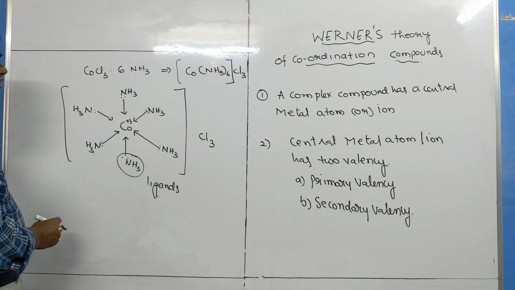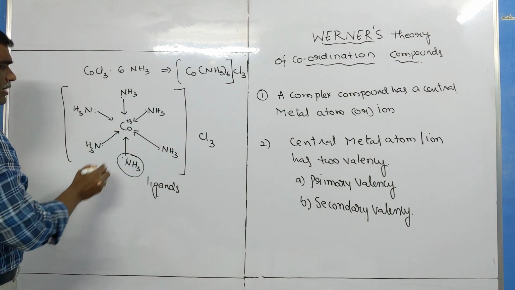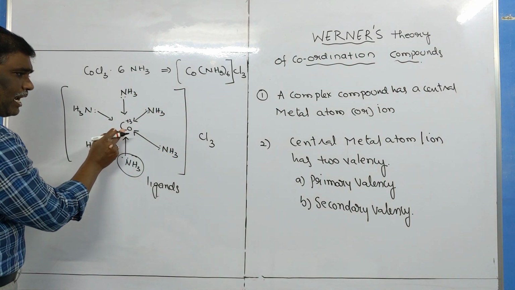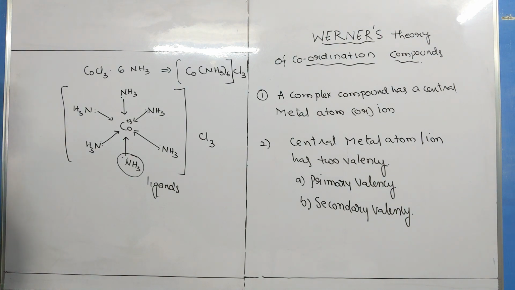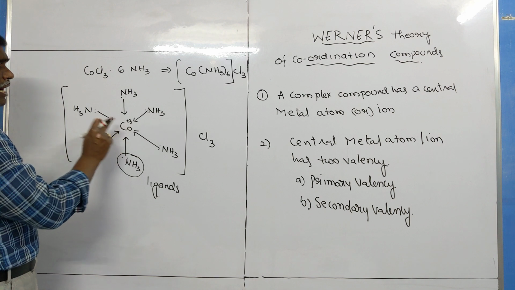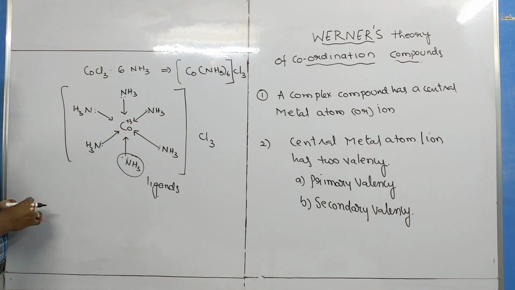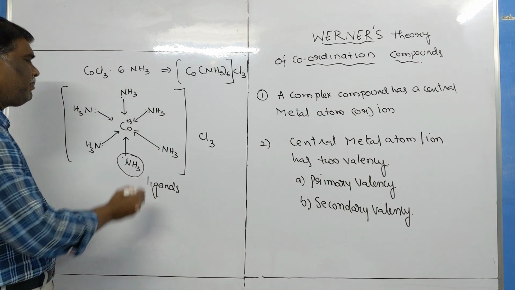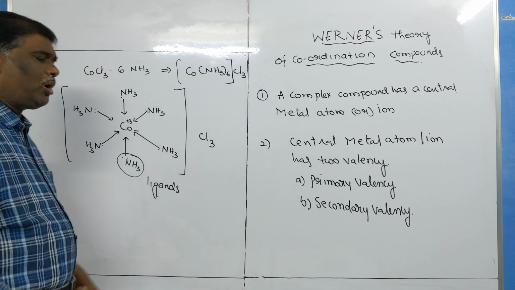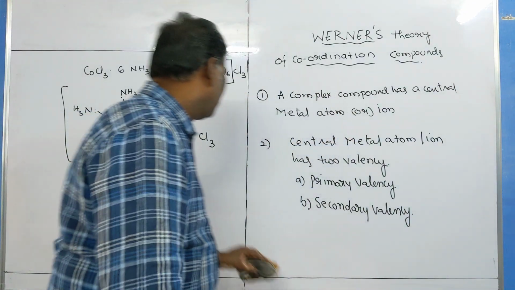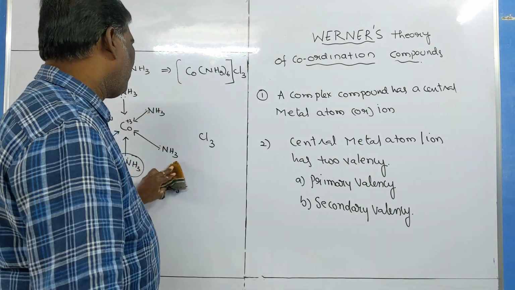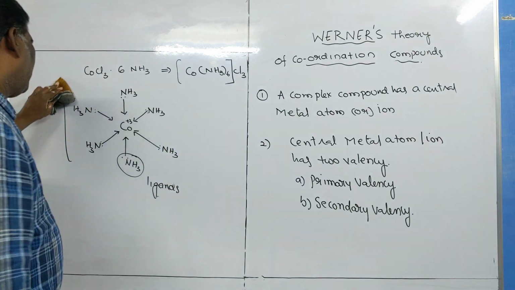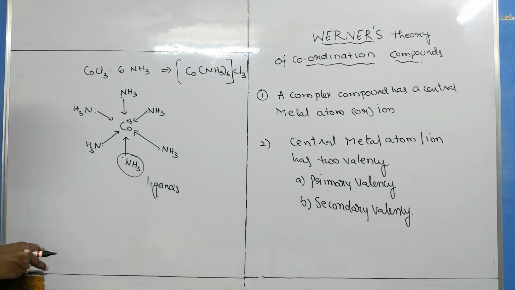Now, this one is a complex. In this one, there is a central metal atom or ion. Next, the central metal atom or ion has two valencies. One is primary valency. The primary valency is equal to the oxidation state.